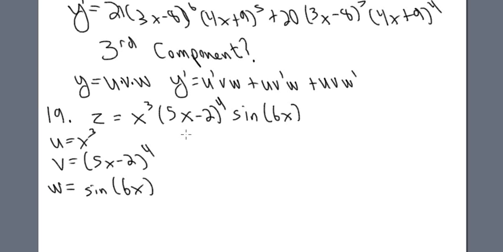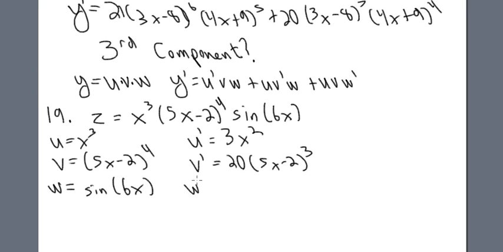Find the three respective derivatives. U prime equals 3x squared. V prime equals, derivative of the inside is 5 times 4 is 20. Then parentheses, 5x minus 2. And then 4 minus 1 is 3. And w prime equals, let's see, derivative of the inside, 6, and outside, cosine 6x.